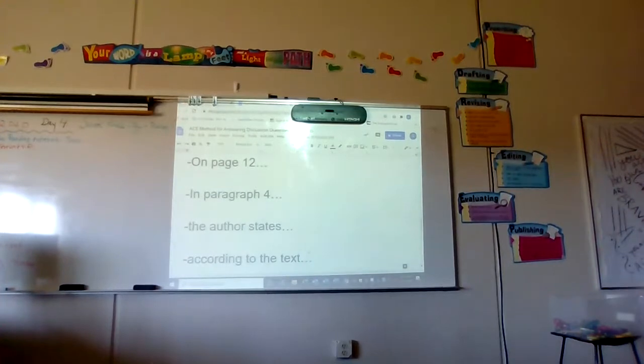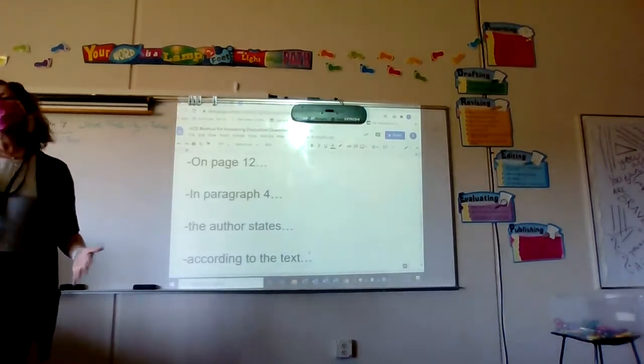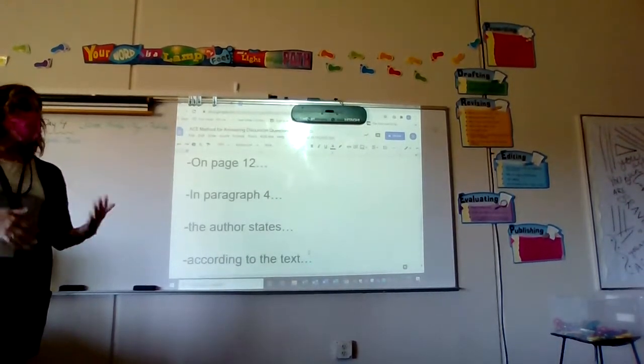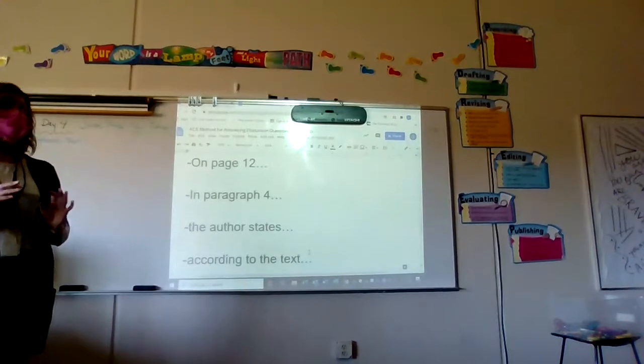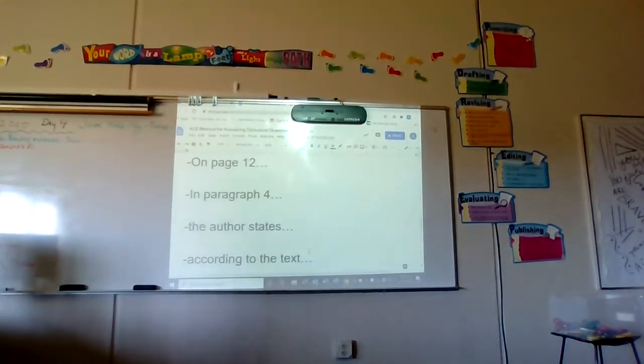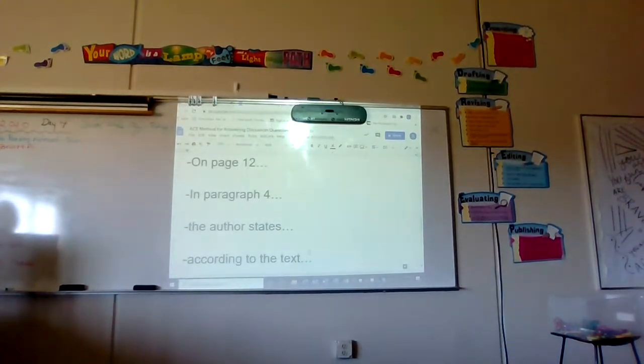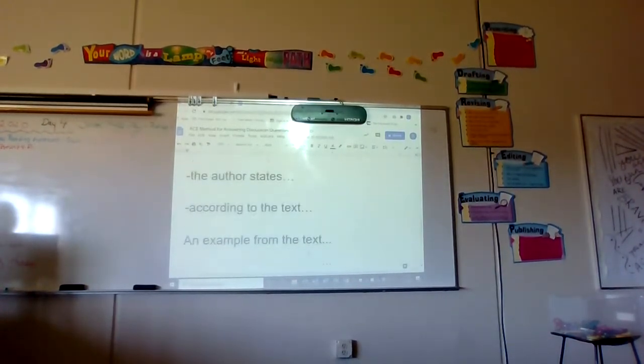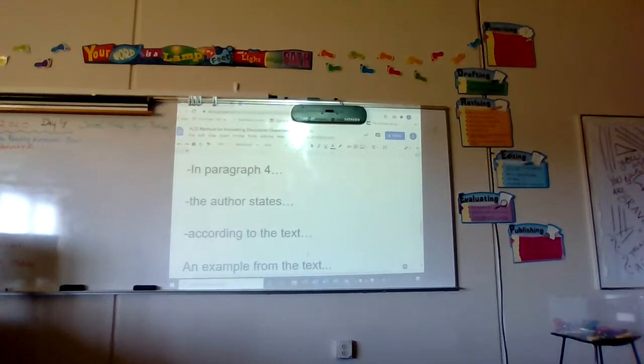Okay? These are just ways to transition into that evidence so that it is a very smooth and clear way of introducing that evidence. Here's another one. An example from the text.